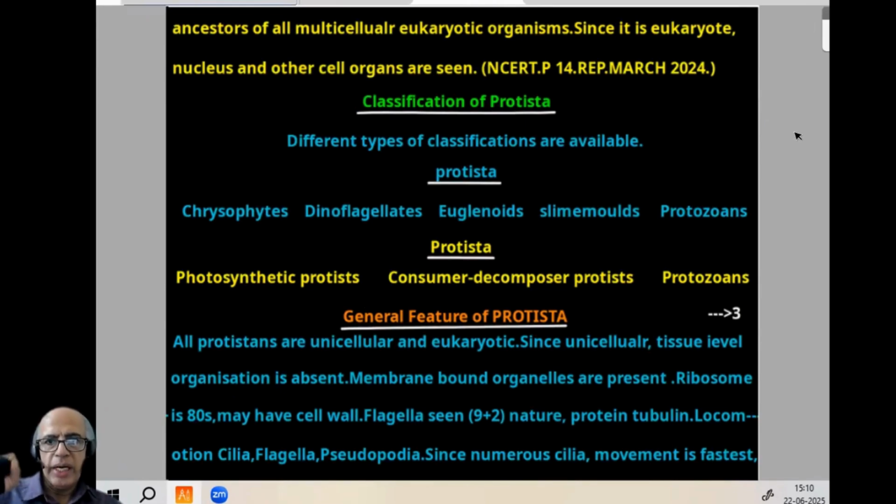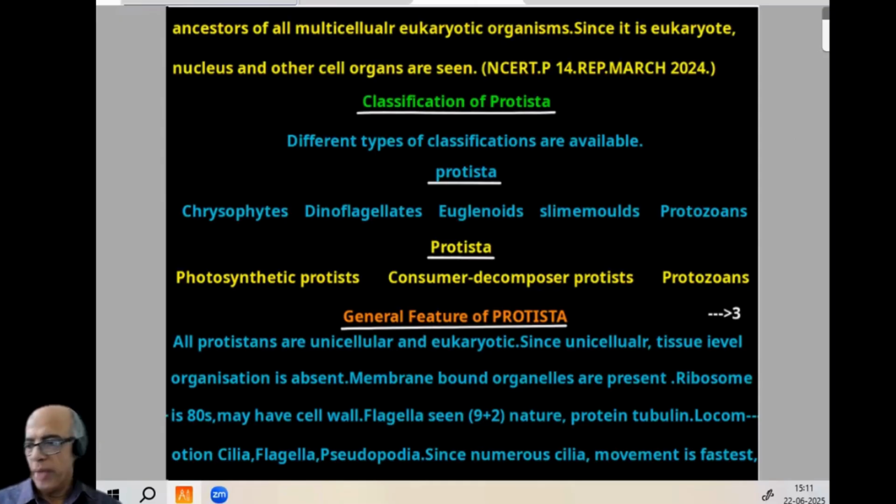So it is a connecting link. This is in NCERT page number 14, reprint edition, March 24.